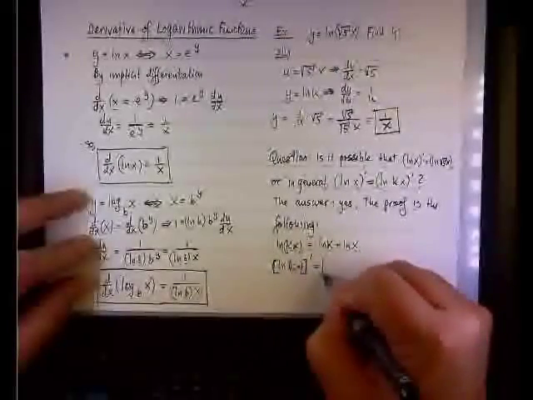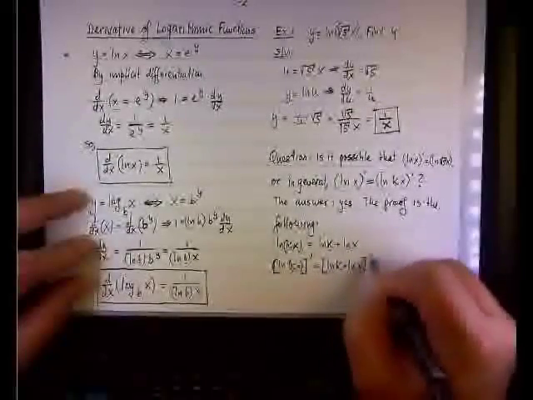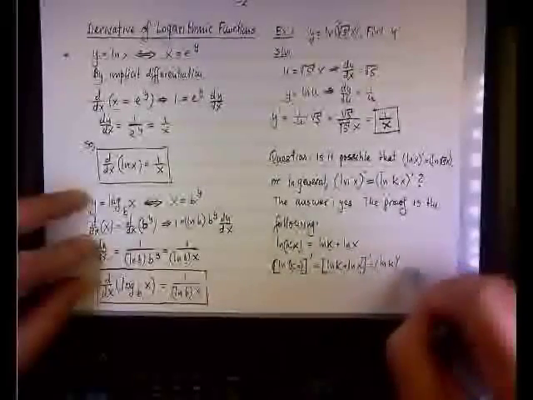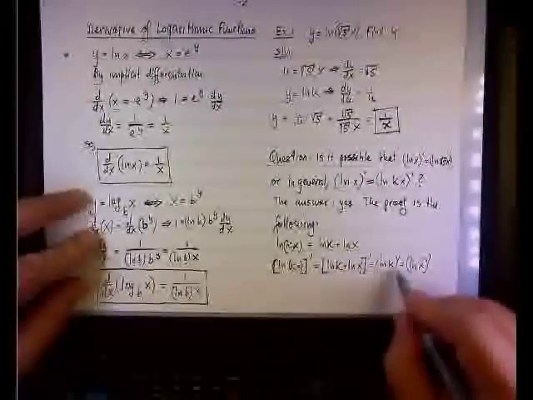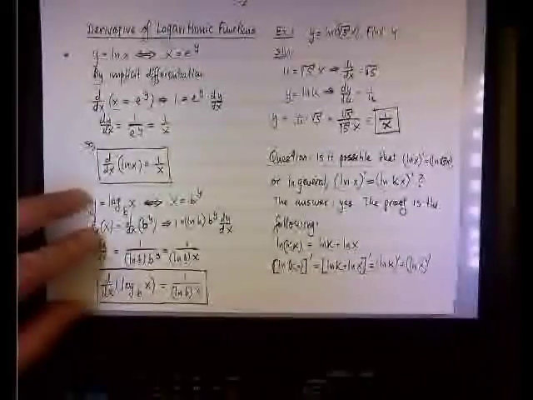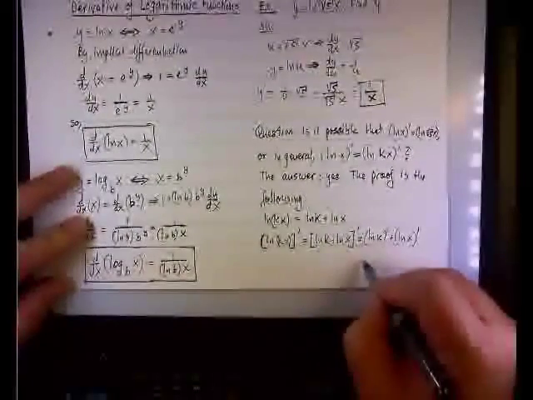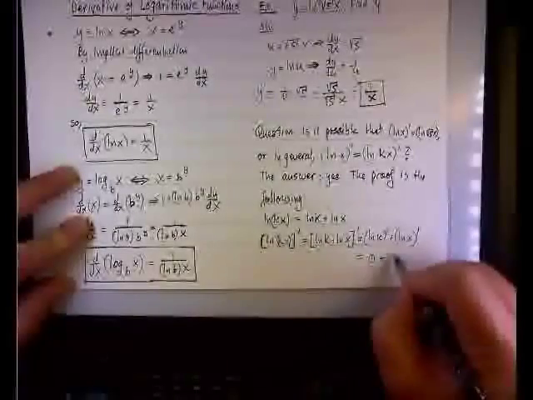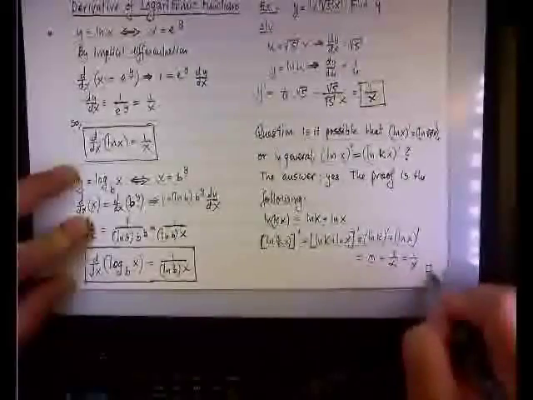Then take the derivative of the natural log of k plus the natural log of x. It will be the derivative of natural log of k plus the derivative of the natural log of x. But natural log of k is a constant, a fixed number, and the derivative of a constant is 0. So you end up with 0, and the derivative of natural log of x is 1 over x.